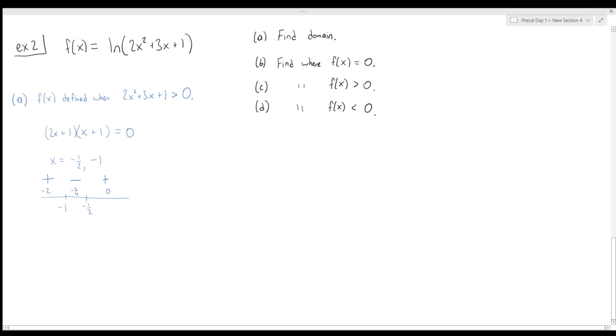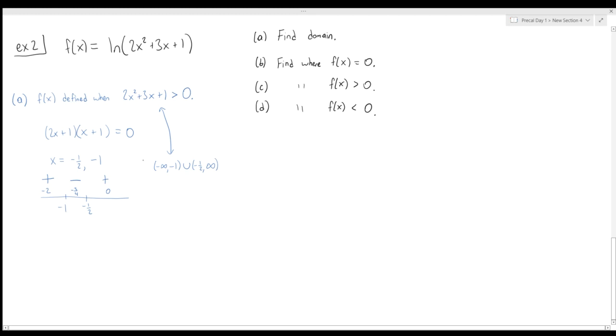So what we see from this sign chart is that this polynomial is positive on the interval from -infinity to -1. And it's also positive on the interval -1/2 to infinity. So for values of x in this set, that's where f of x would be defined.